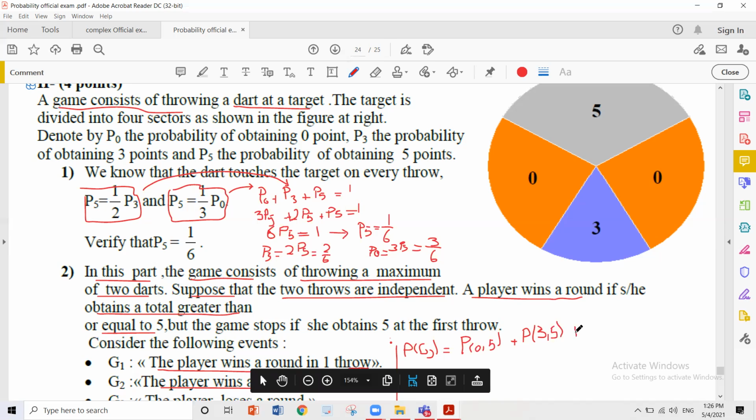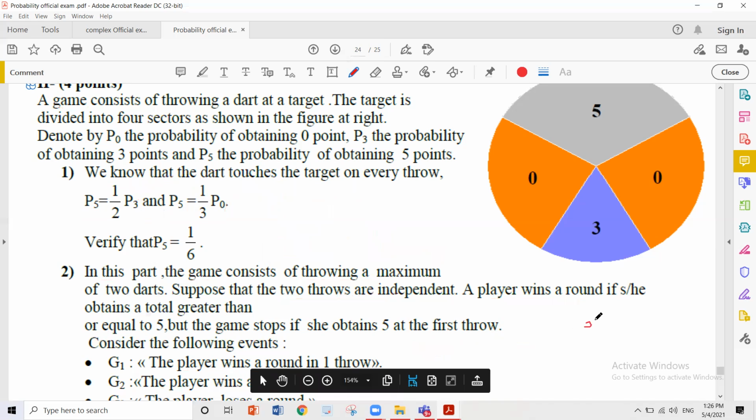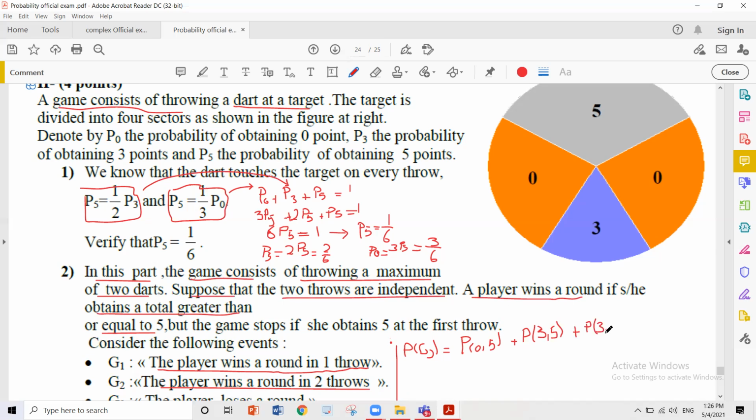Okay, 5 أو 3. بعد في شيء غيره؟ Zero three. لا 0-3 he did not win.